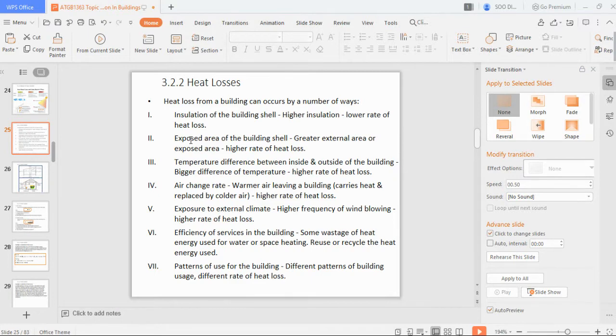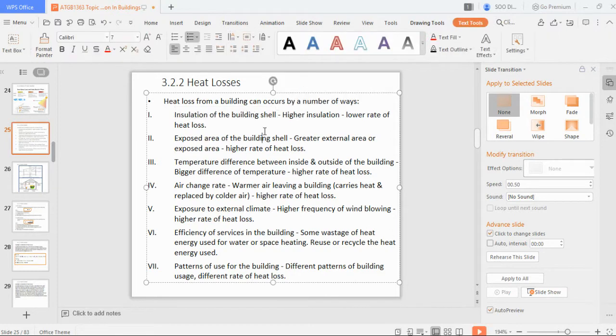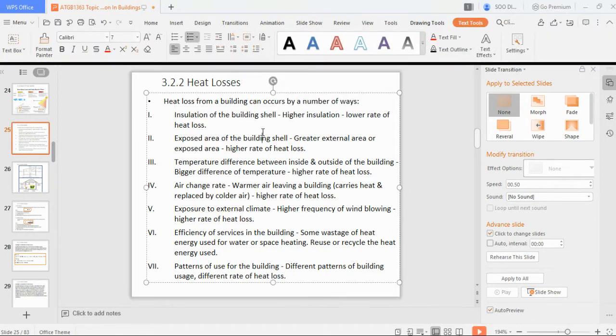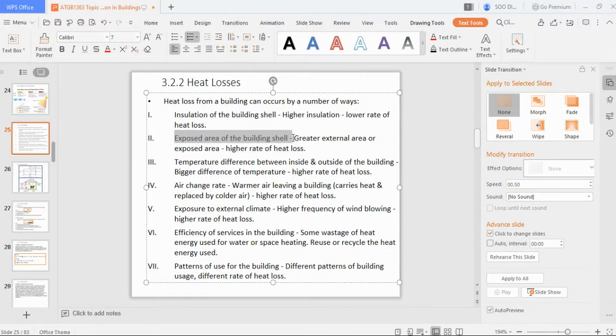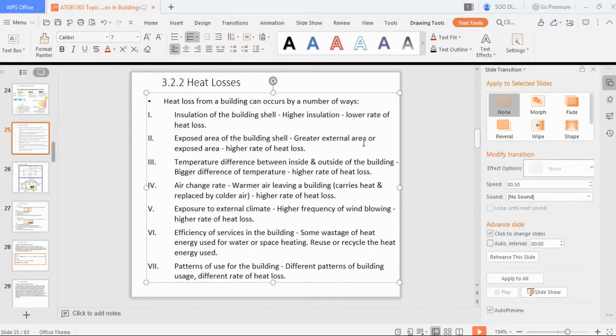Okay, so there are several factors in how heat can be lost in a building. The first is the insulation of the building. If you have very good insulation, then you won't be losing so much heat from your building. Then the exposed area of the building shell: the greater the external or exposed area, the higher the rate of heat loss.